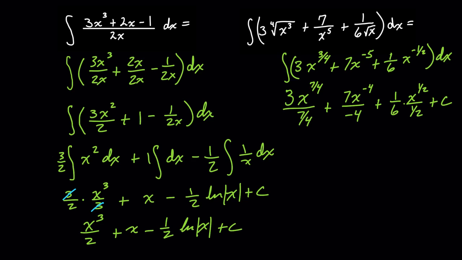Dividing by 7/4 here is going to be the same thing as multiplying by 4/7.